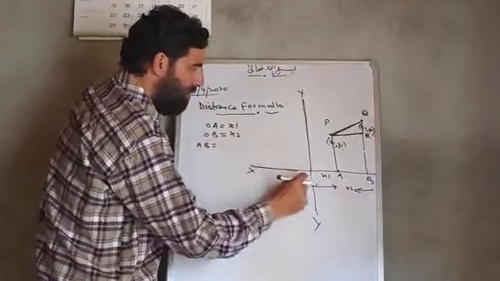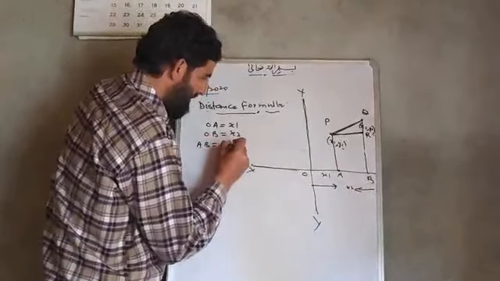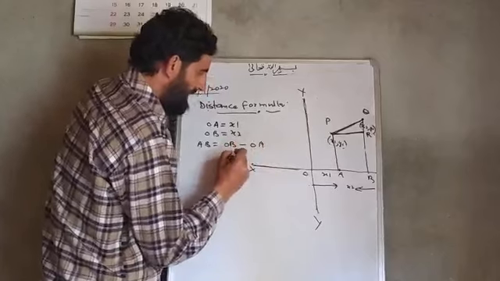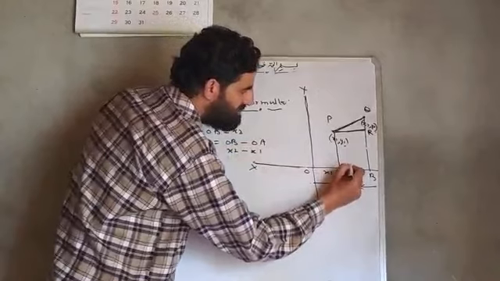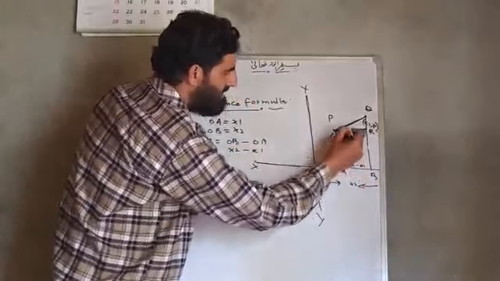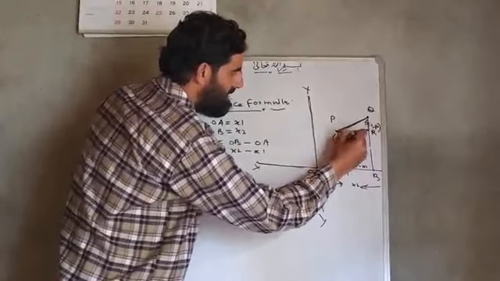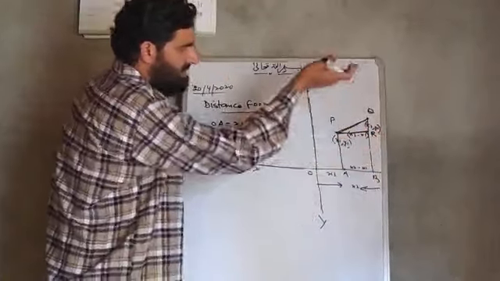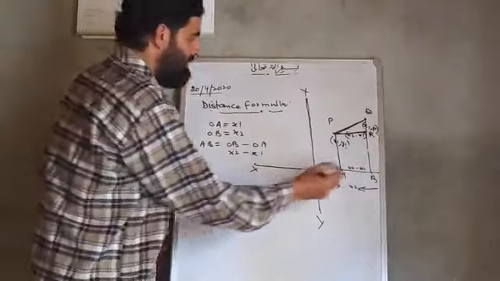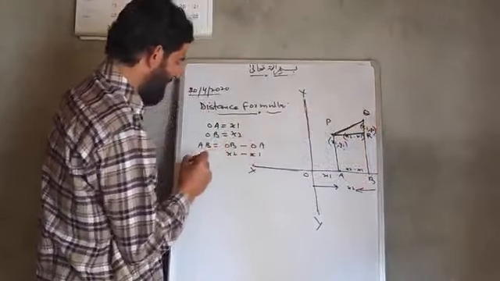AB is equal to OB minus OA, that is x2 minus x1. So AB is x2 minus x1, and similarly this PR is also x2 minus x1, because opposite sides of a rectangle are equal.